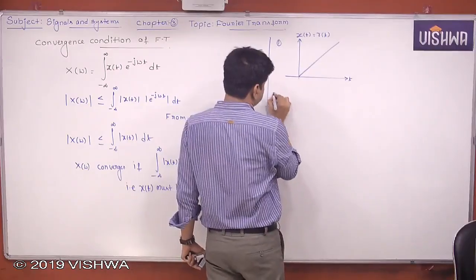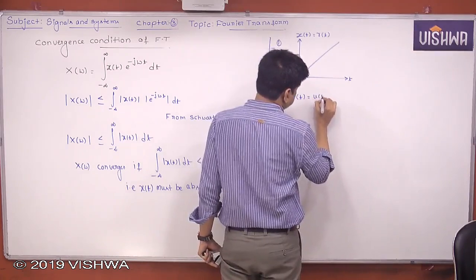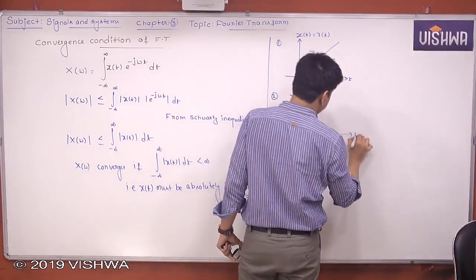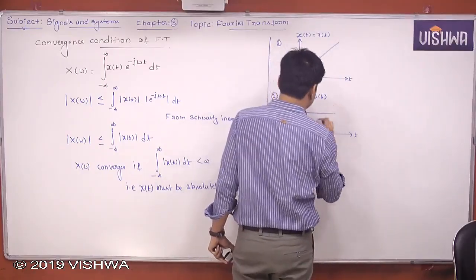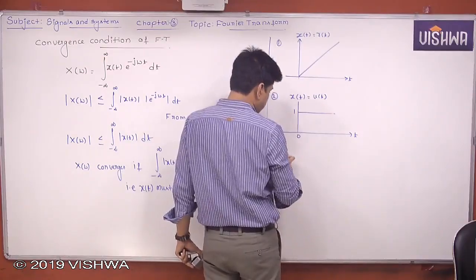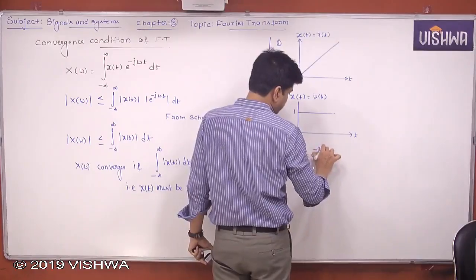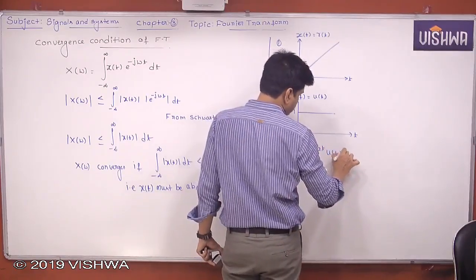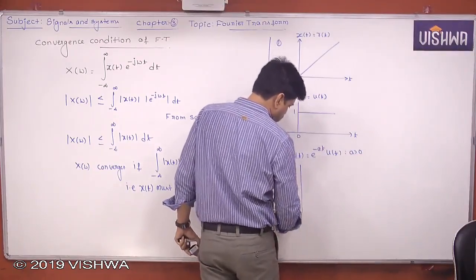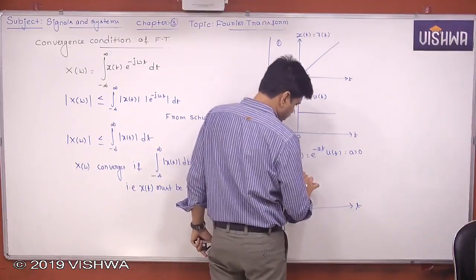The second signal is x of t equal to u of t, the step function, whose value is equal to 1. The third signal is x of t equal to e power minus a t u of t, where a is greater than 0. Then it is going to be a decaying exponential, which is like this.